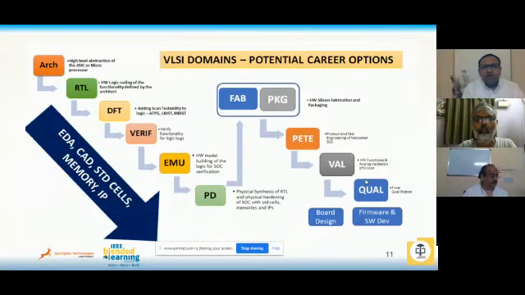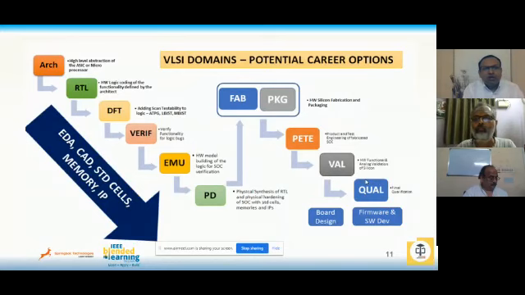Next, I'll be talking about the VLSI domains and potential career options, right? And it's a huge arena. If people thought they would have mastered VLSI in a few years, they're absolutely wrong. People have worked for generations together and probably not mastered the adjacent fields available in the VLSI domain. That includes me, right?